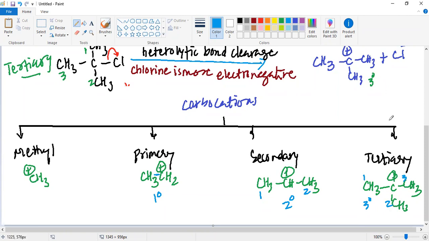If we write the stability order, my dear students, we may write it on the next slide.